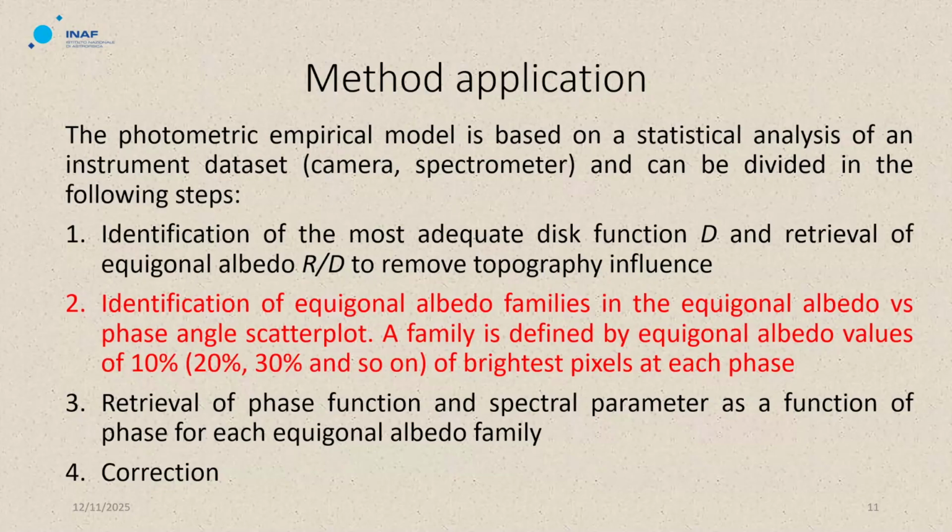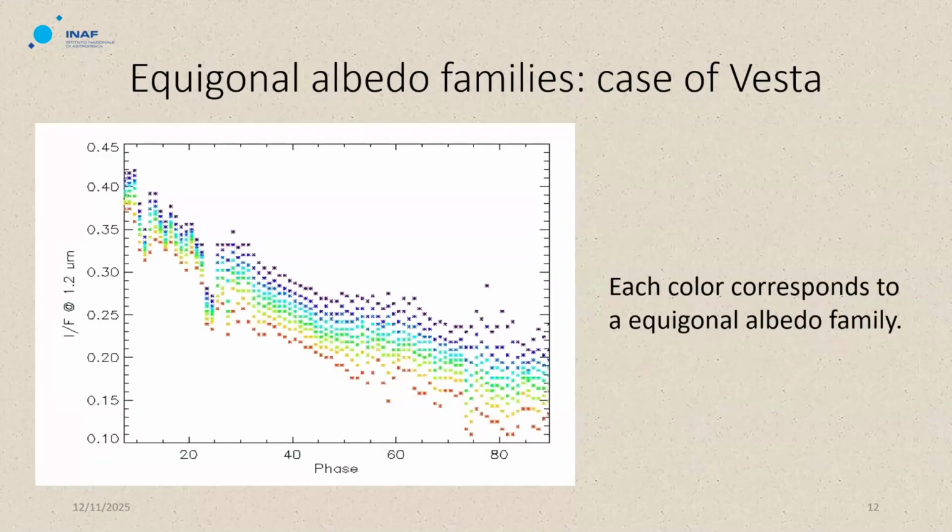For example, the value corresponding to the first 10%, 20%, 30%, 40% of brightest pixels identifies a family, and this has been done for each phase angle with phase angle bins of 1 degree. This is an example on Vesta. Each percentage identifies an equigonal albedo family. Each equigonal albedo family has a different color.